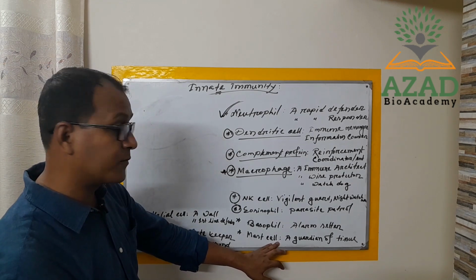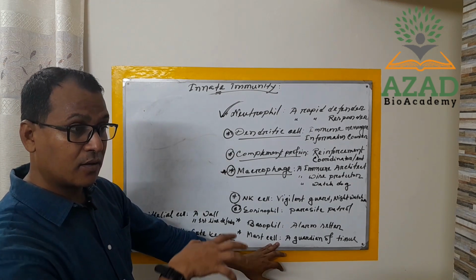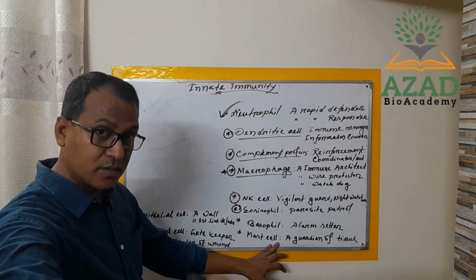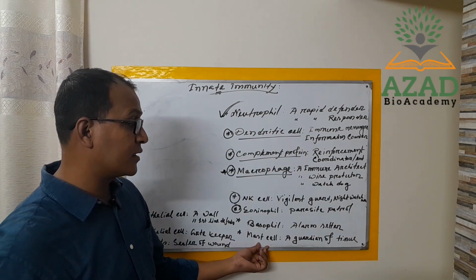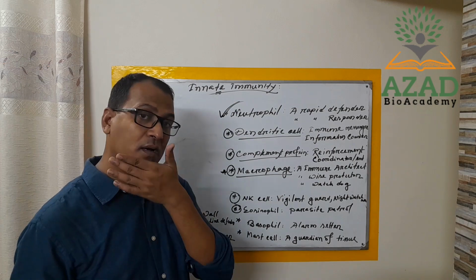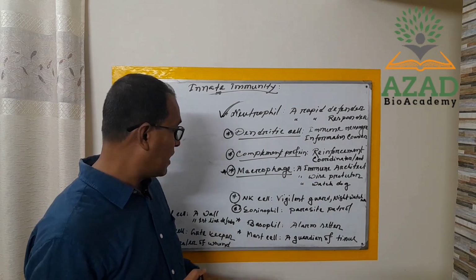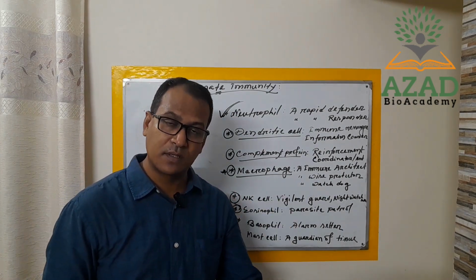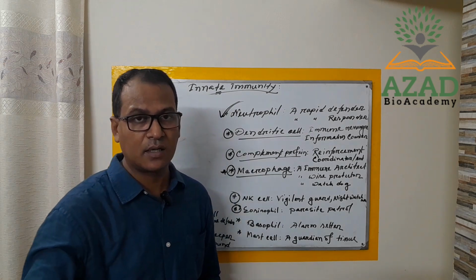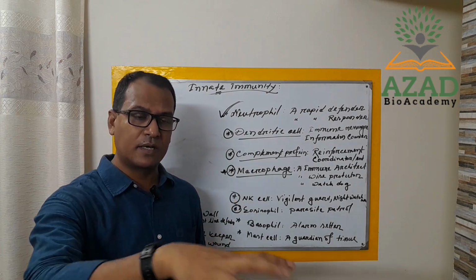Okay, another one is the mast cell. The mast cell is present within our connective tissues, within our tissues, as a guardian of the tissue. Why is it called the guardian of the tissue? Mast cell can produce histamine, cytokine, and other vasodilators.